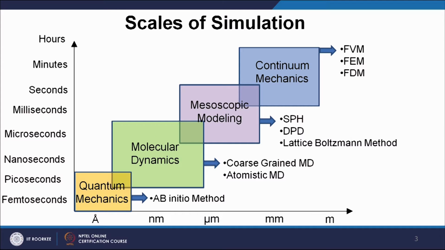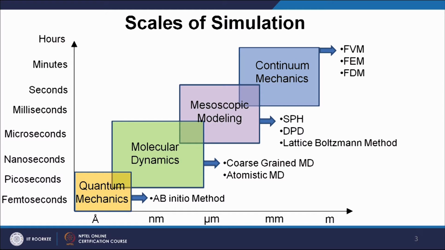We will try to find out the properties or behavior of matter based on atomistic calculations as well as coarse grain molecular nature. This lies in the range of nanometers, and the time level will be around nanosecond to picosecond.